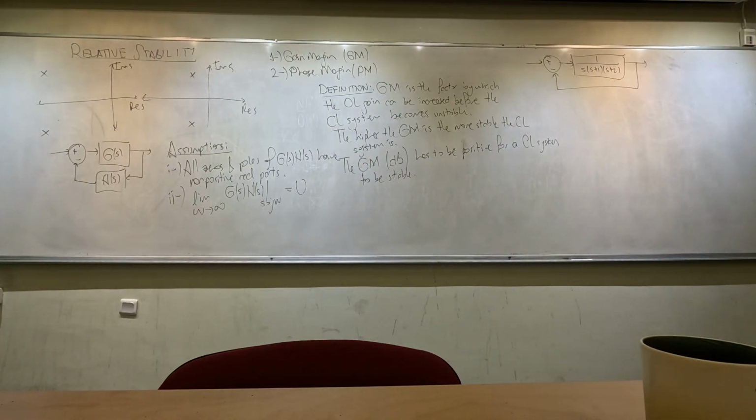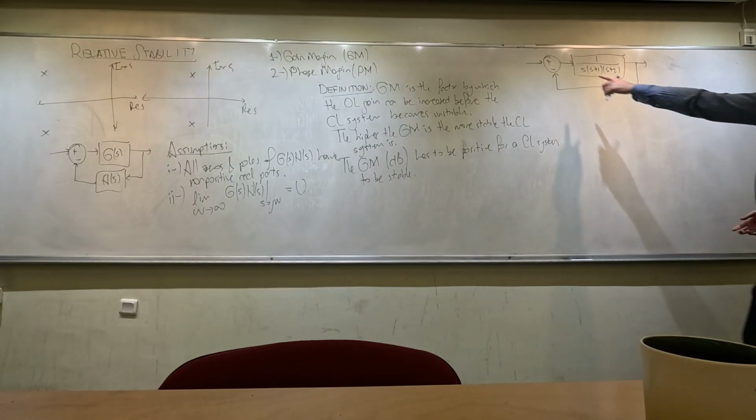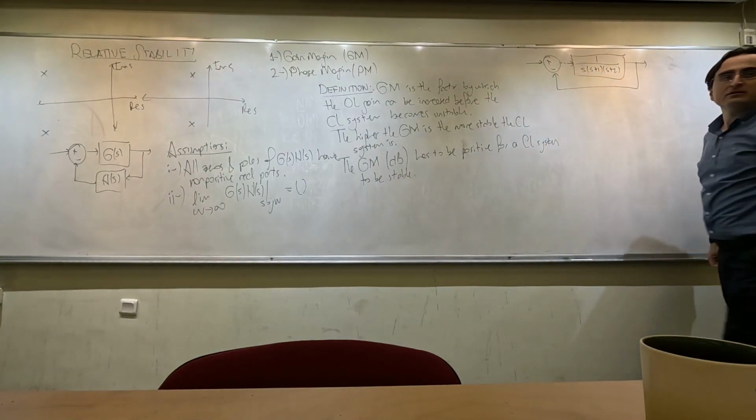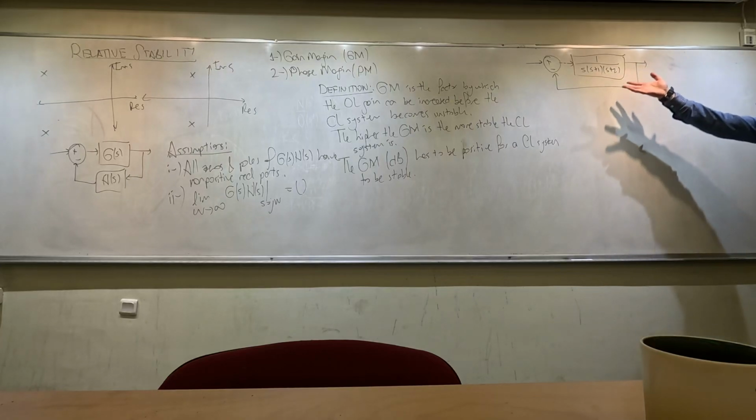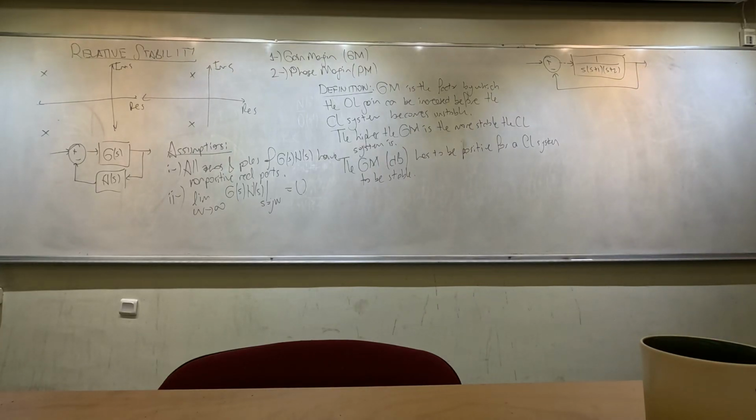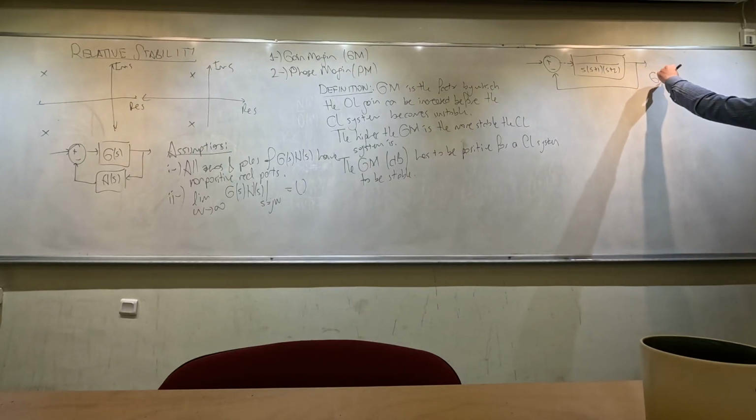So here I can try to draw a root locus for this system. And in this case, if I consider a gain, that gain K is equal to 1. So now I can try to determine whether such a system is stable or not. I can calculate the closed loop transfer function.